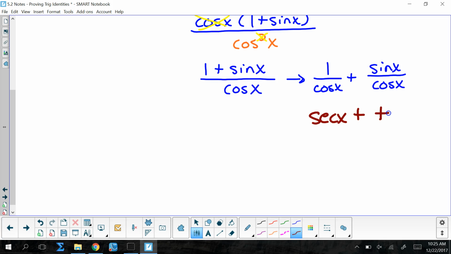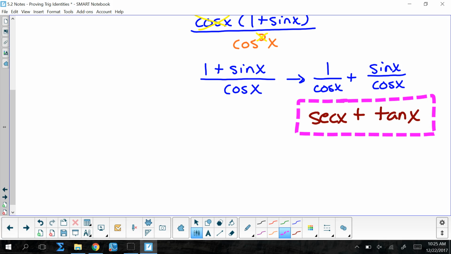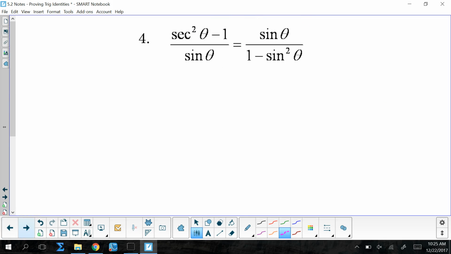Sine over cosine is my tangent. Okay? Try that one.